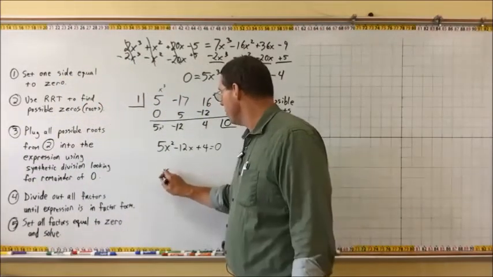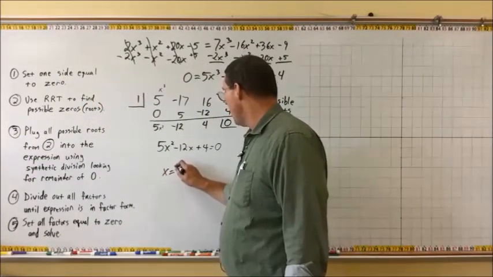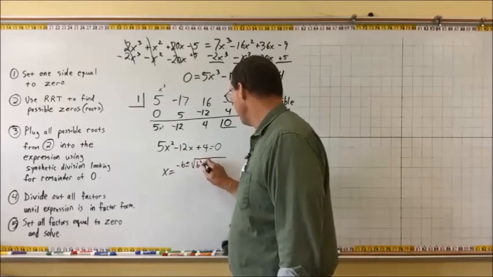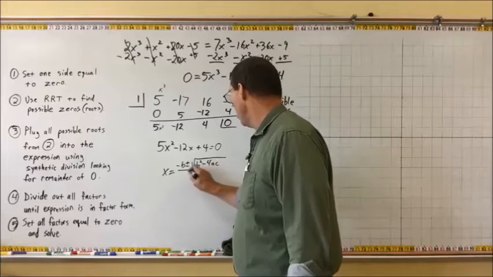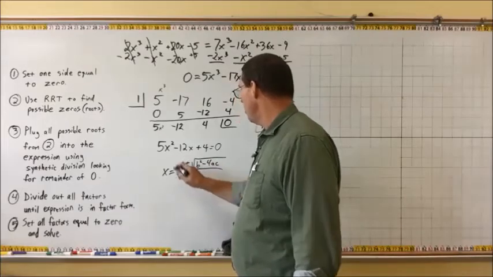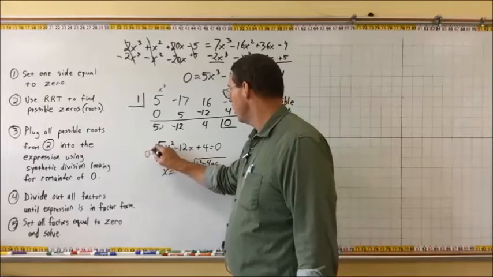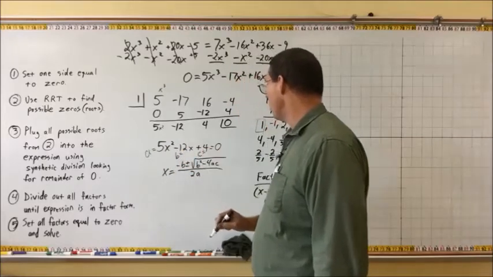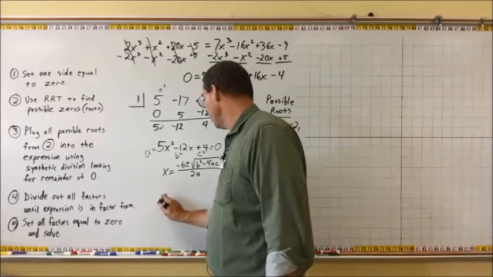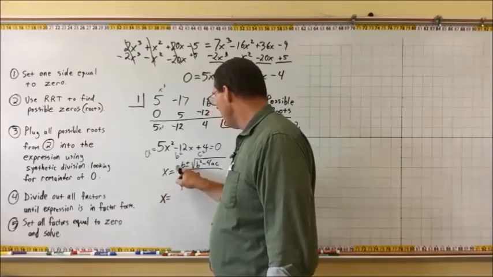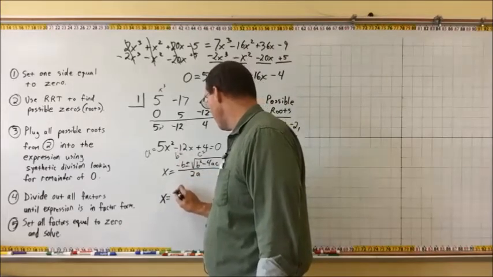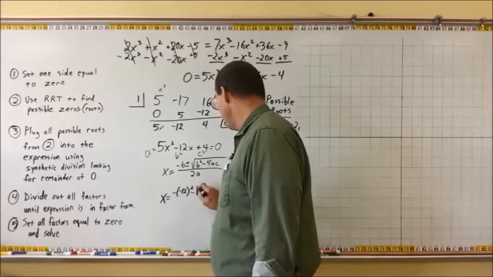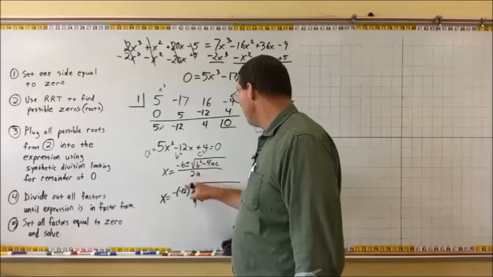I know that x is going to be equal to negative b plus or minus the square root of b squared minus 4ac over 2a. Well, a here is 5, b is negative 12, and c is 4. So let's do this. X equals negative b is negative 12, so that's negative 12 plus or minus the square root of b squared.